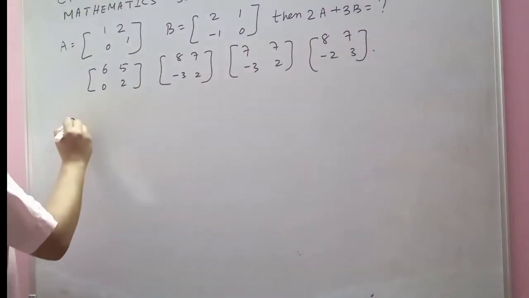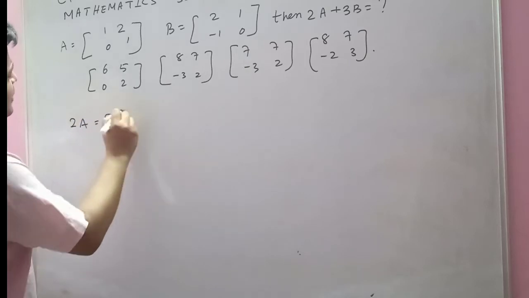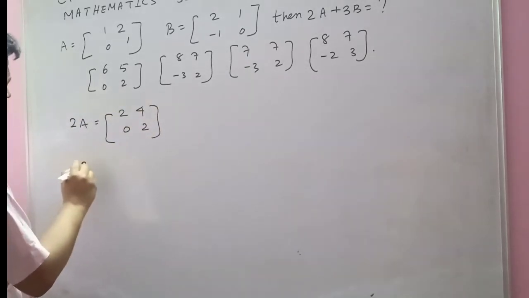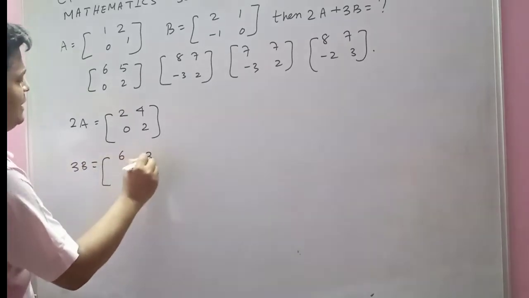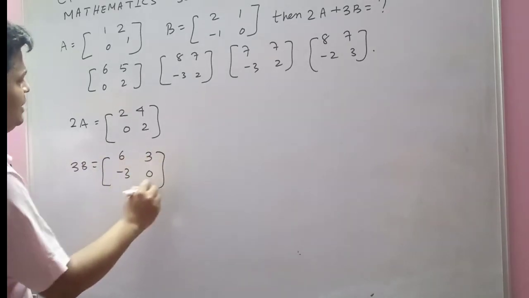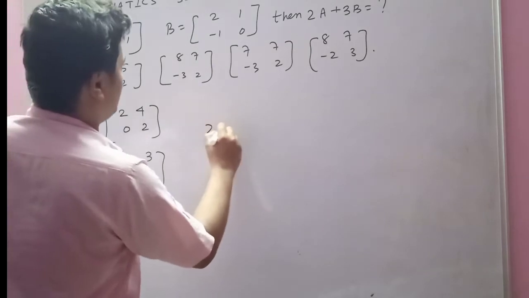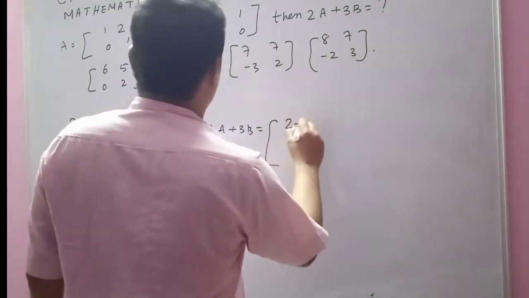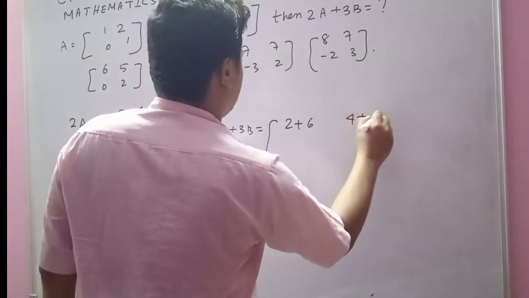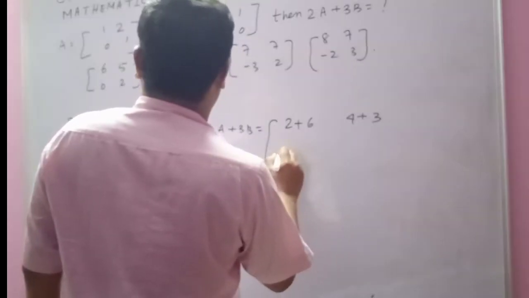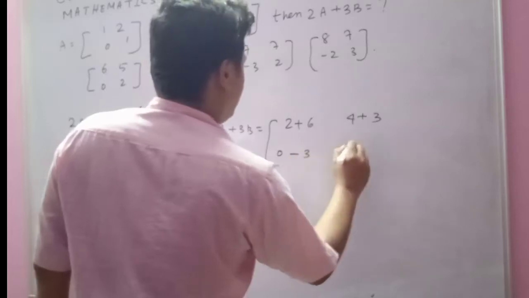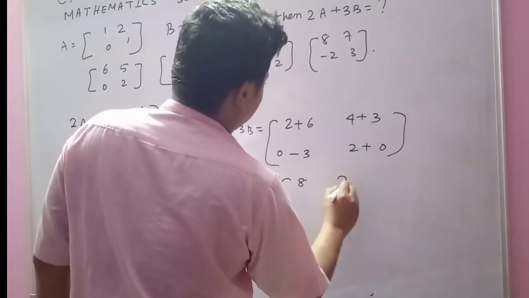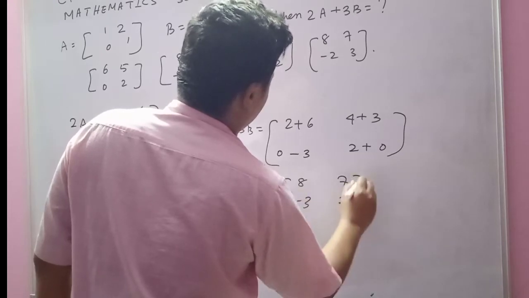So what will be 2A? 2A will be [2, 4; 0, 2], 3B will be [6, 3; -3, 0]. So what will be 2A plus 3B? 2 plus 6, 4 plus 3, 0 minus 3, 2 plus 0. So what you get? [8, 7; -3, 2].